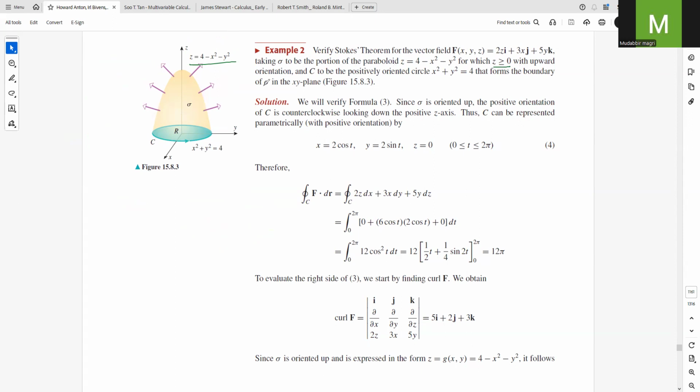The orientation is upward, meaning the normal vectors point outward from the surface, and C is to be the positively oriented circle. Positively oriented means the counterclockwise direction. All right.